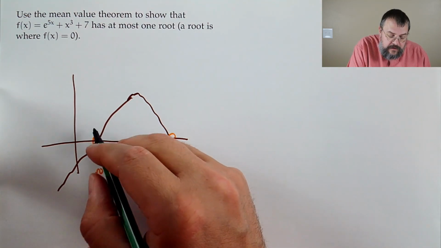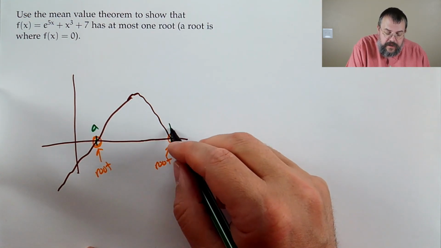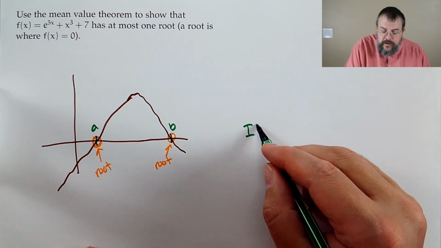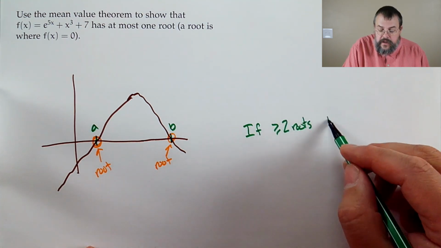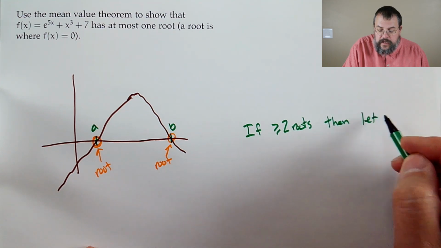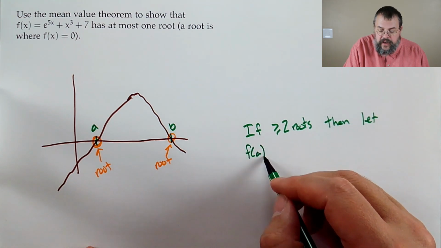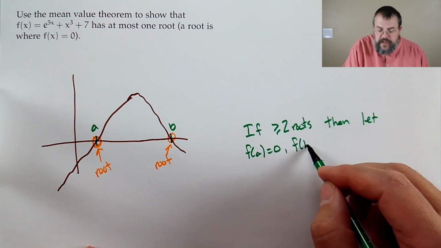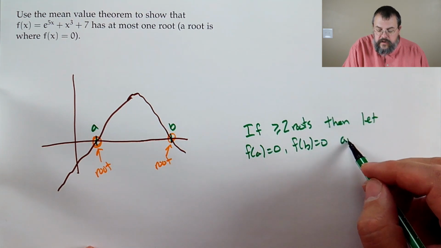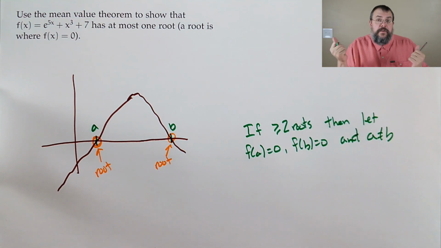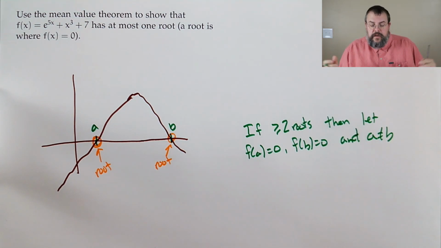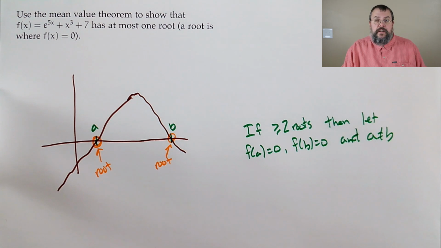We'll say this were at A and this were at B. So if there were greater than or equal to 2 roots, then we let f of A equal 0 and f of B equal 0, and A is not B. Okay, so that says if there are 2 roots, there are 2 places where we have the function equal to 0, which are not the same.